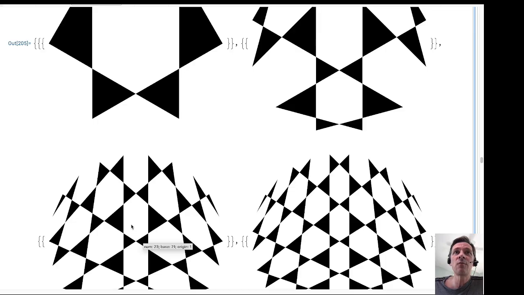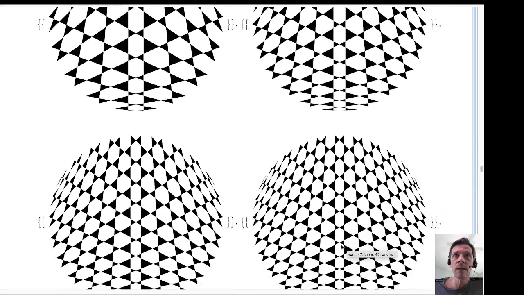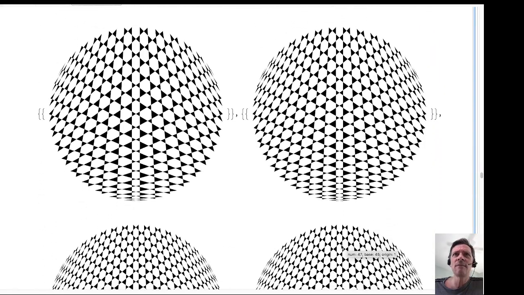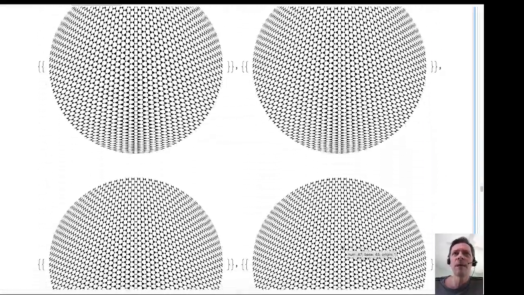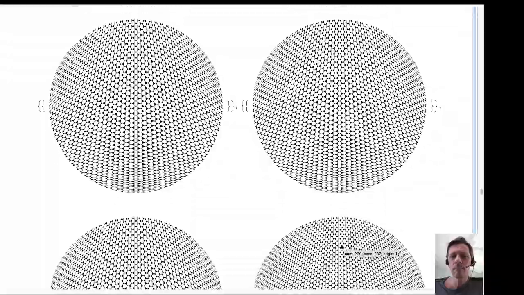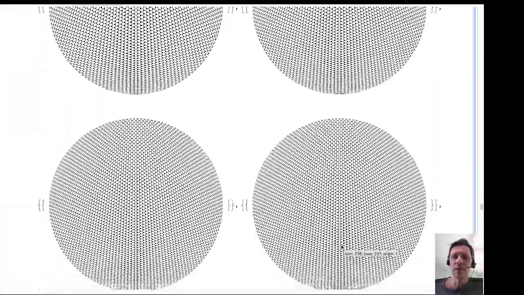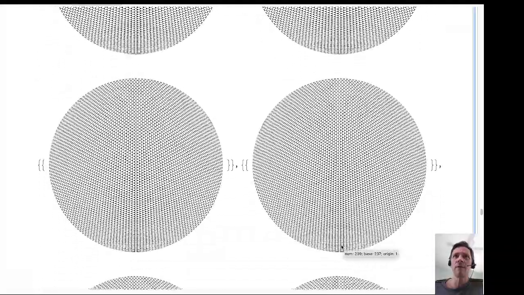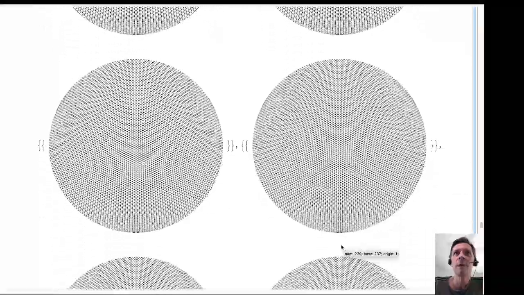So denominator 23 base 21, denominator 29 base 27, denominator 37 base 35, 47 base 45, and as they get more detailed and the denominators get larger, they start to resemble a golf ball. And as they get even larger, it's not a golf ball anymore, but this texture becomes more and more apparent. And on YouTube, this is going to start just looking like a gray nothing.